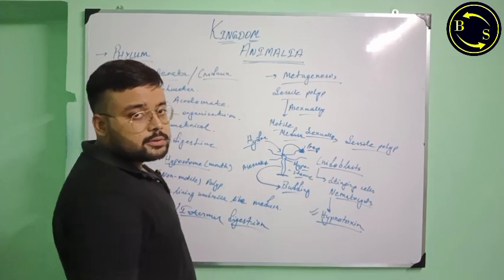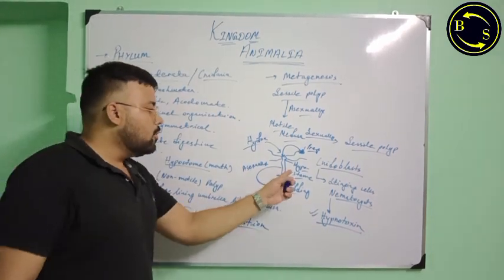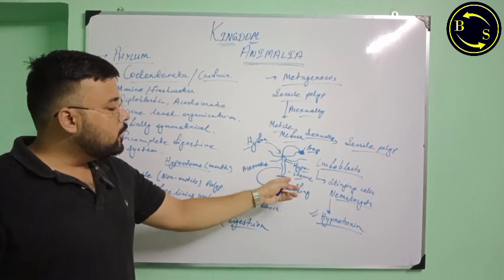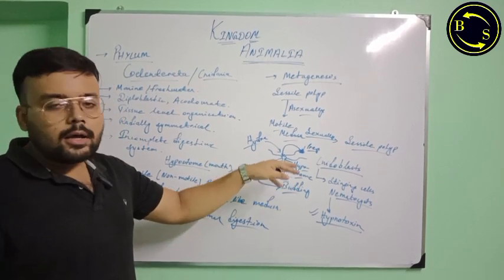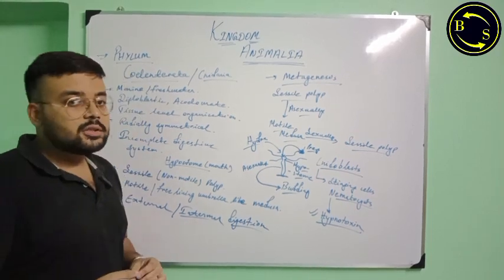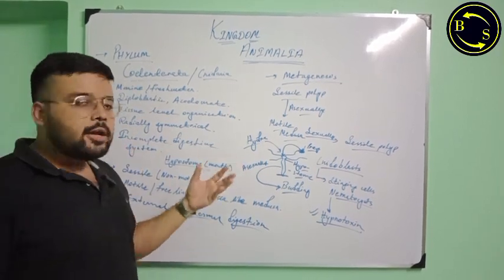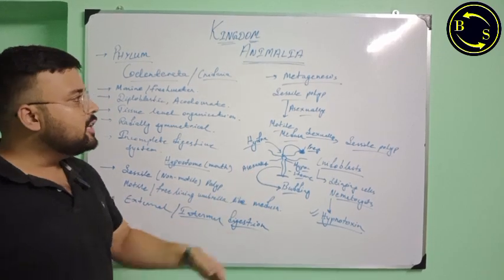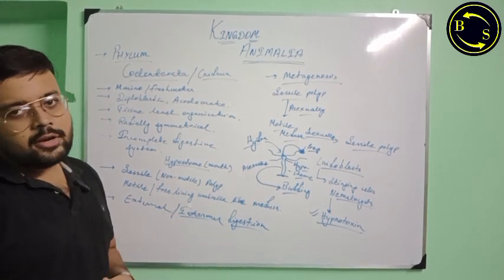How does budding occur? A bud forms in the body of the hydra. It enlarges, it falls off into the substratum, and it again develops into a hydra. Hydras can live for very long, for thousands of years. They have great powers of regeneration. You cut them into a million pieces, and they will regenerate into millions of hydras.